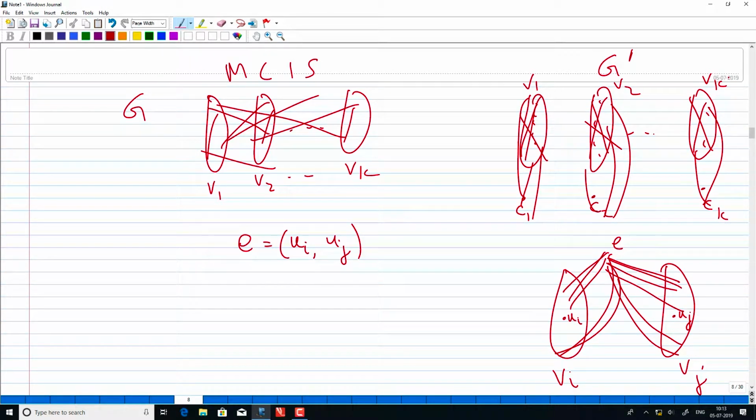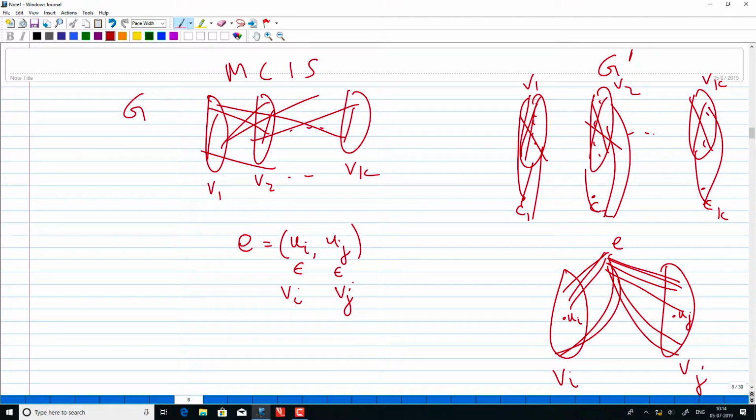So, it does not matter what the structure inside is. For any edge which has one endpoint in some color class Vi and another endpoint in Vj, for every edge I will have a corresponding vertex here, and that vertex will be adjacent to these two color classes this edge corresponds to, everything except the corresponding Ui and Uj. That is the end of the construction.